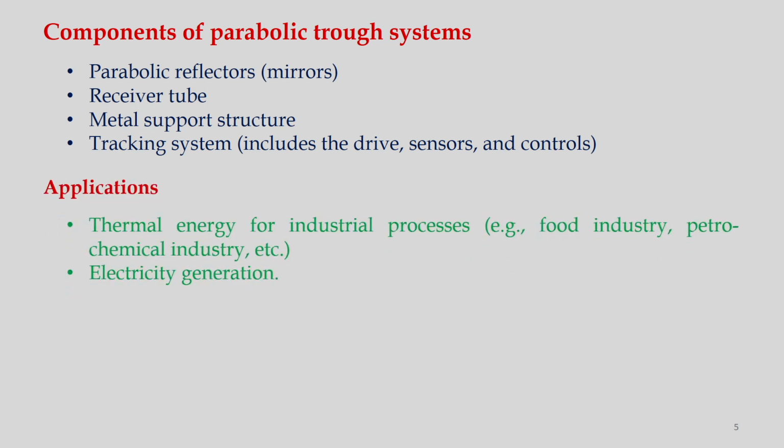And what are the different applications of this kind of system? We can use it for generation of thermal energy, for industrial processes, maybe in food industries, petrochemical industries, or any other such industries. And of course, we can use this kind of concentrator for electricity generation.